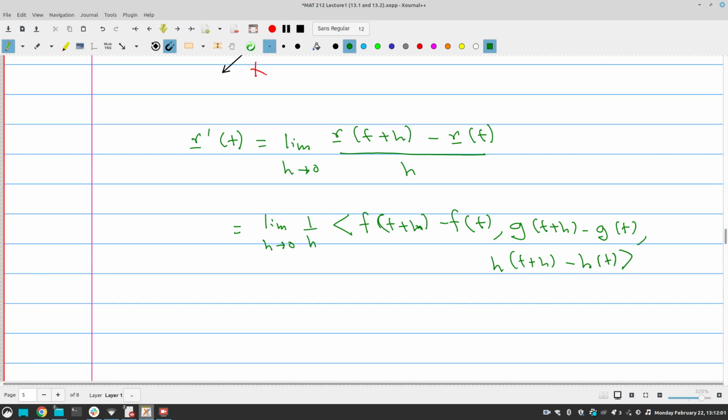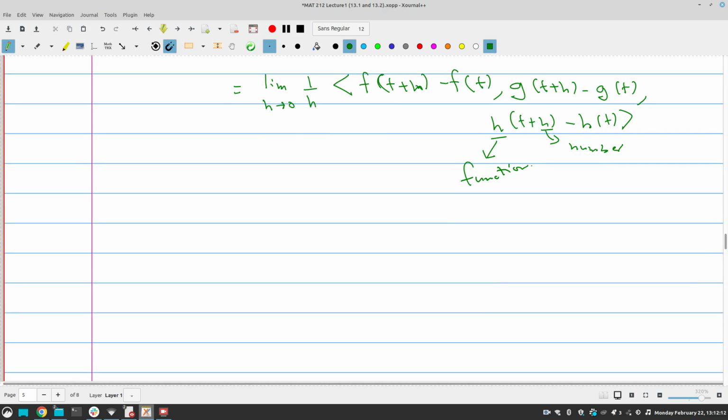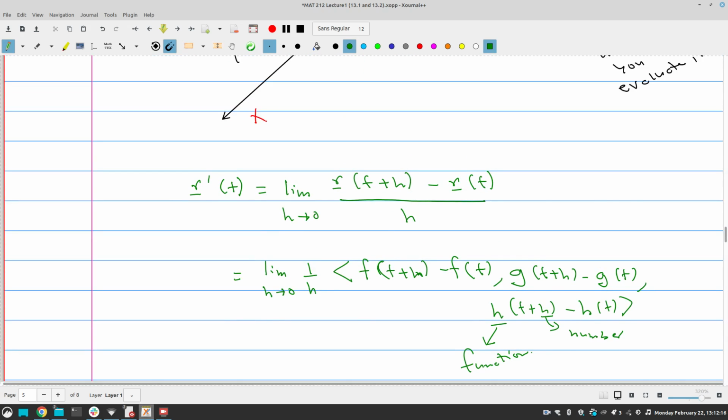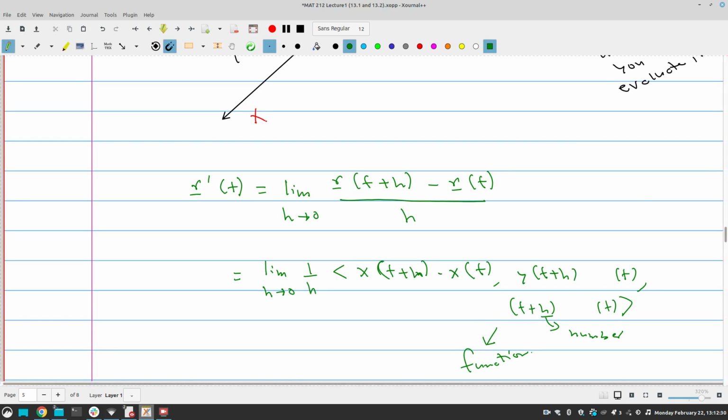This h is a small number, and this h is a function. In fact, let me write them in terms of the component functions x, y, and z: x of t plus h minus x of t, y of t plus h minus y of t, z of t plus h minus z of t.